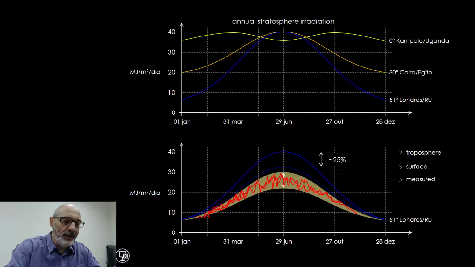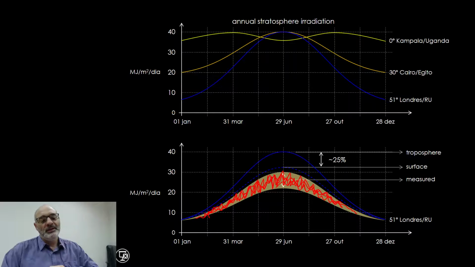And if you measure for many, many years, you're going to have a kind of a filled cloud here, showing you the statistical maximum and statistical minimum here. Just to show you how energy is being, let's say, corroded or depleted due to atmospheric absorption and also due to clouds and so on.